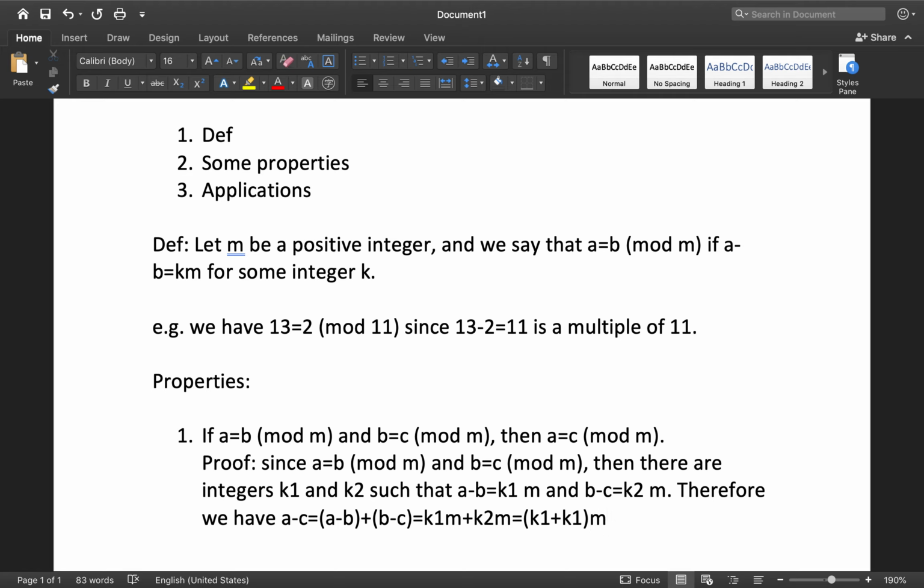So you can see that a minus c is just an integer multiple of m. So by definition, we have a congruent to c modulo m as well. Okay, so that is the first property we have about congruence.